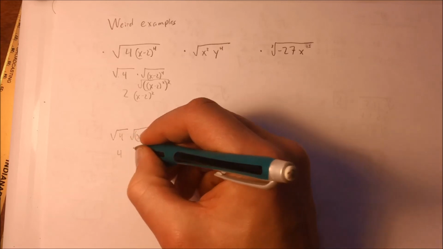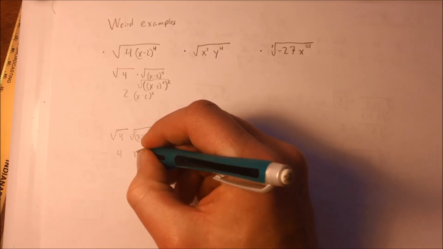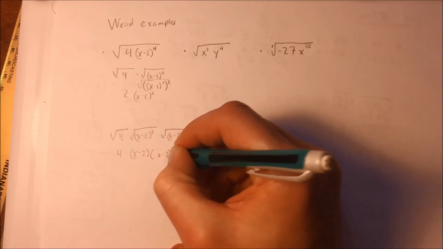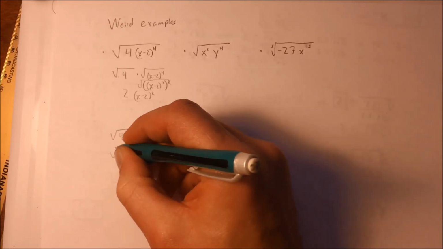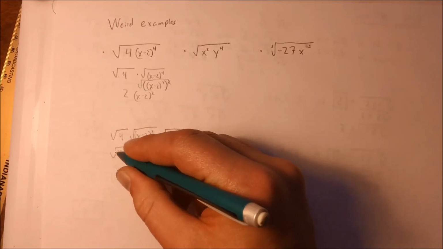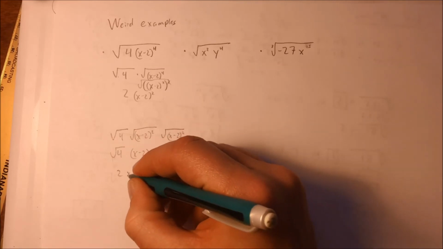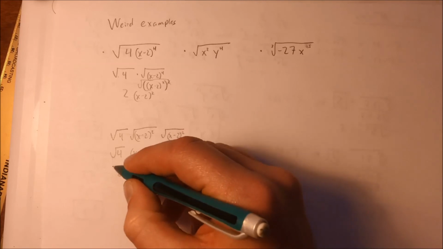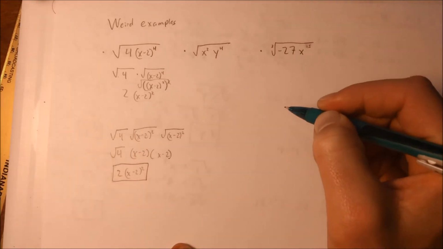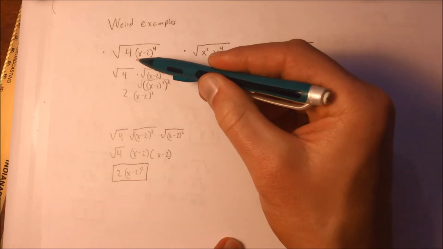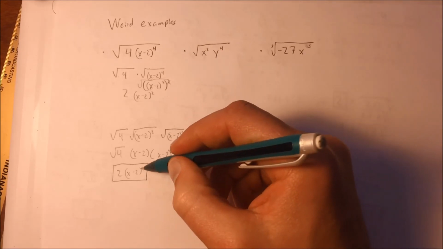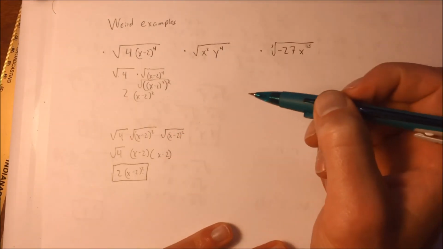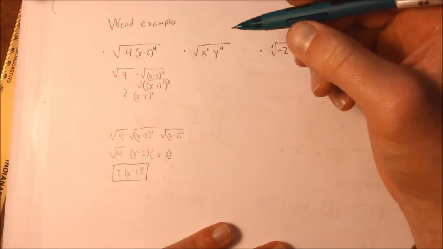So this is going to be 4 times x minus 2 times x minus 2, which gives me 2. Square root of 4 is 2, x minus 2 squared. So don't freak out if there's a binomial in there. We don't have to go ahead and square this. We can just leave it just like that. Sometimes that is the simplest way to deal with it.